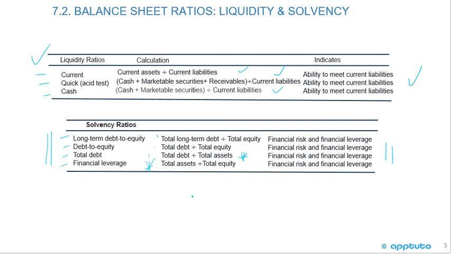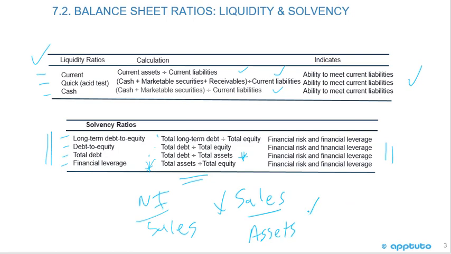That's a question that sometimes gets practiced, financial leverage, but we remember that from the DuPont. Remember our DuPont equation: net income over sales times sales over assets times assets over equity, and this was considered to be the leverage multiplier, assets over equity.